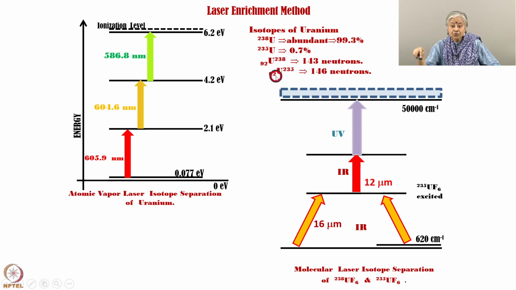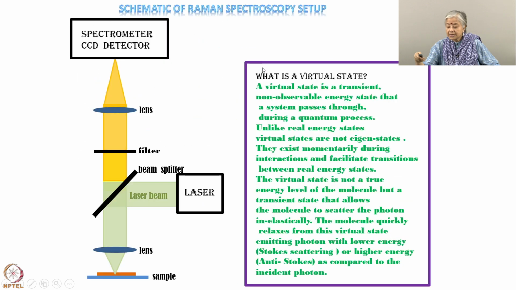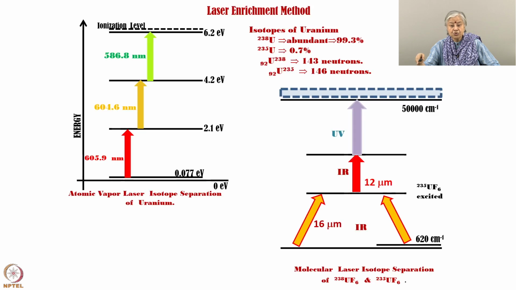So here, for uranium, 92 is the number of protons. So there should be 92 neutrons too, but it is a little more or less, the number of neutrons.